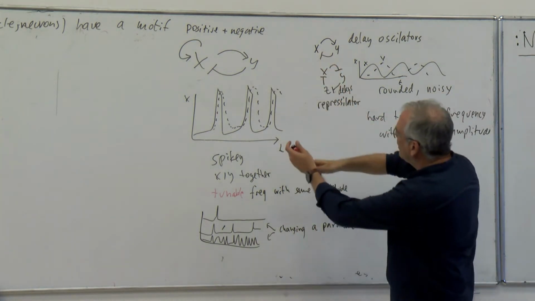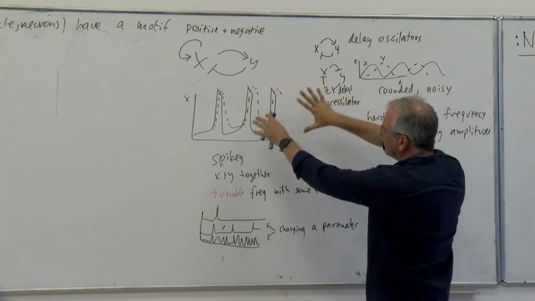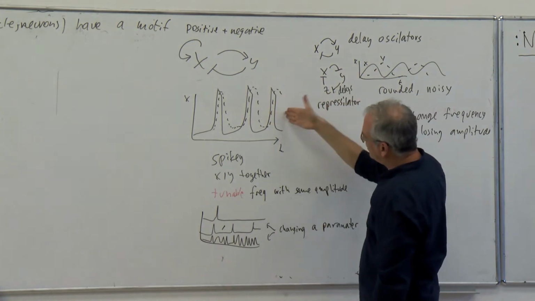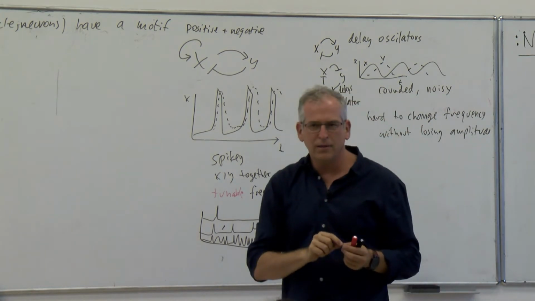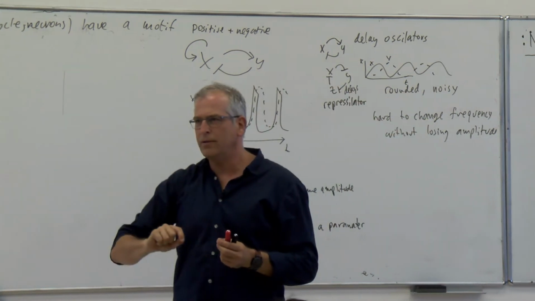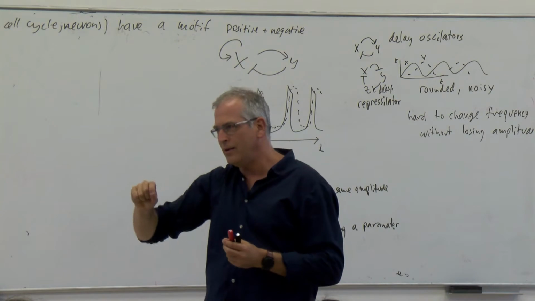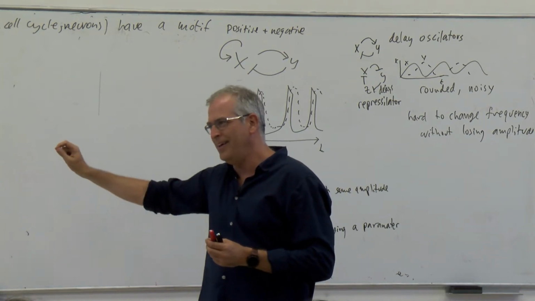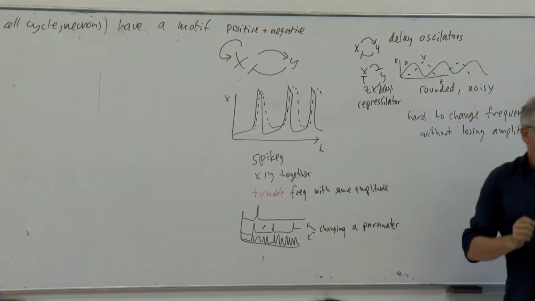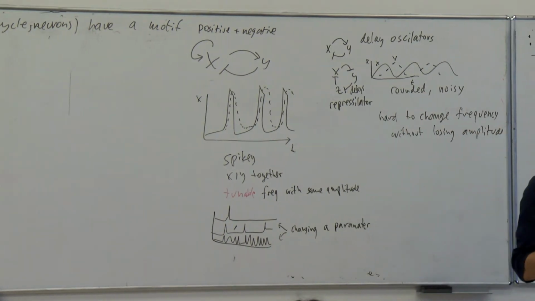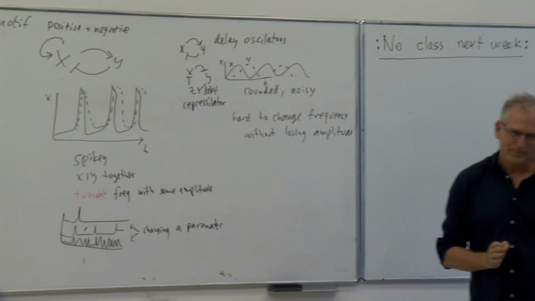Usually you can build circuits that go between this and this. It's not harsh categories, but this shape, you see a lot of times in biology, like if you ever saw an ECG, like a heart, ding, ding, ding, ding. That's the kind of thing I'm talking about. Okay, so that is a classic biological oscillator.